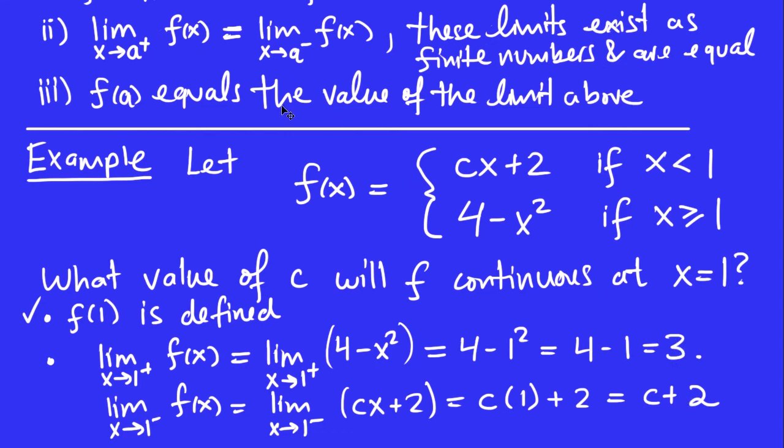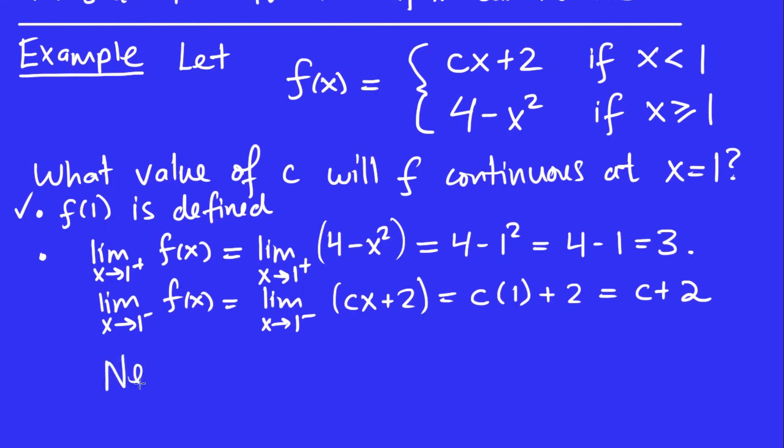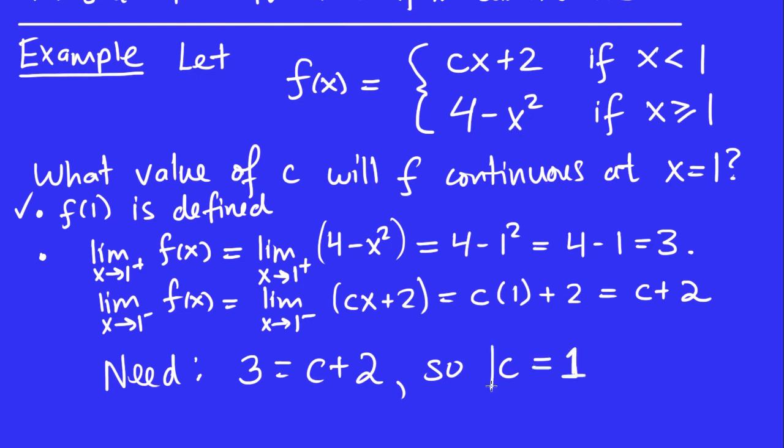So in order for condition 2 to be satisfied, we need that 3 is the same as c plus 2, right? And that tells me what c is. c is going to obviously be 1. So there we go. See, we now know what c is.